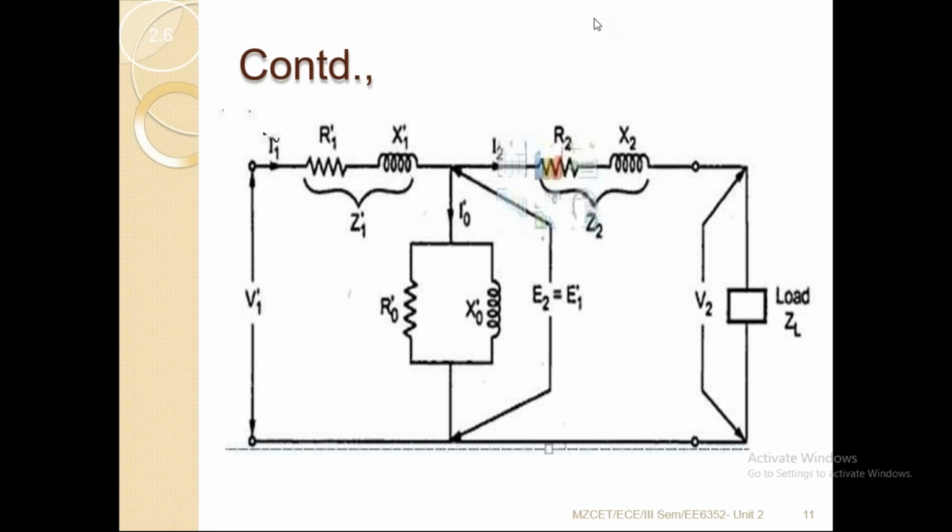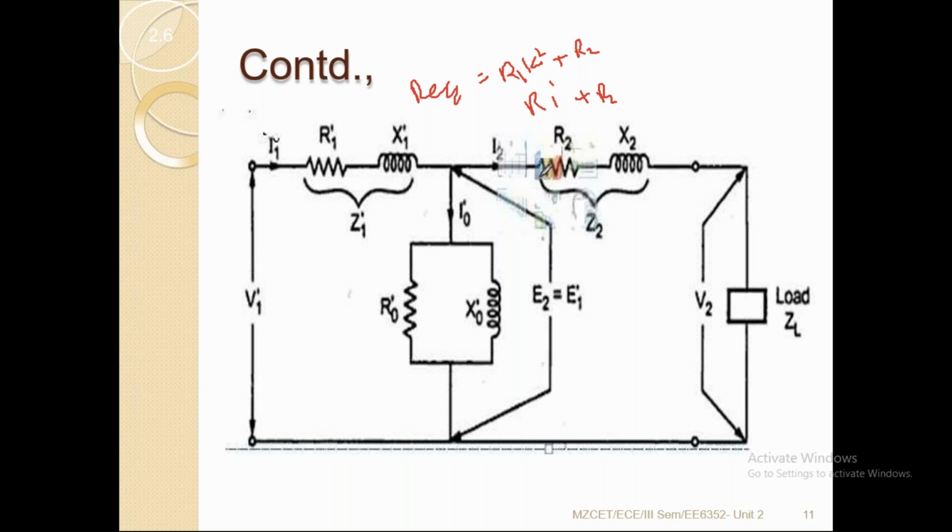Now, how can we write the equivalent resistance? Req is equal to R1 K square plus R2. This is the equivalent resistance when the primary resistance is shifted to the secondary. So you can represent it as R1 dash plus R2.